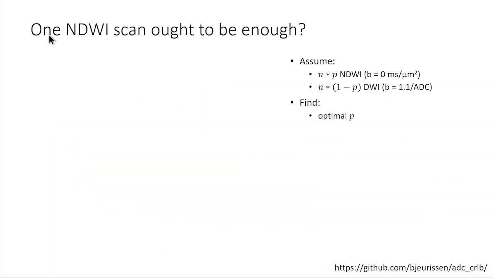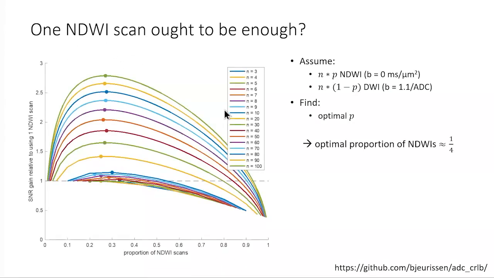Another interesting question that we can look at is whether one non-diffusion weighted scan is enough. And so that's what I looked at here. On the x-axis, I have the proportion of non-diffusion weighted scans in the experiment. And on the y-axis, the SNR gain relative to using just one scan. And you can see that the optimal proportion is surprisingly high.